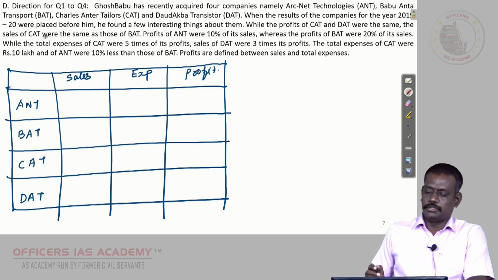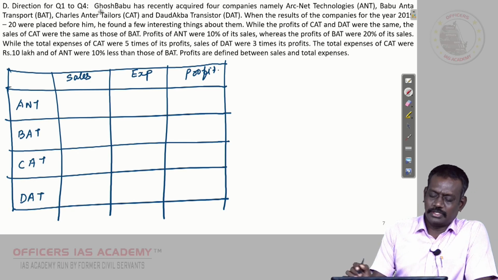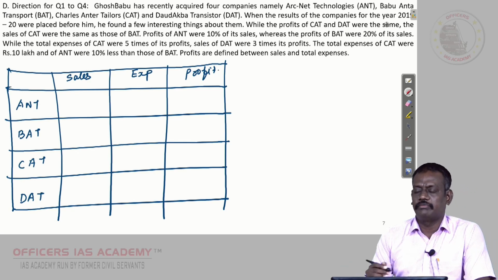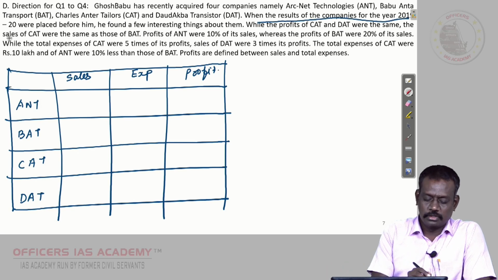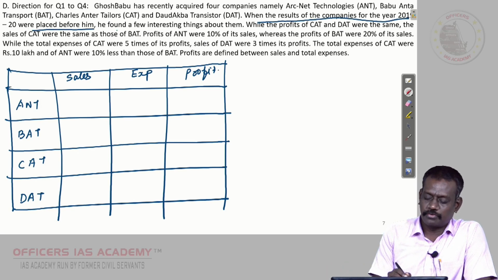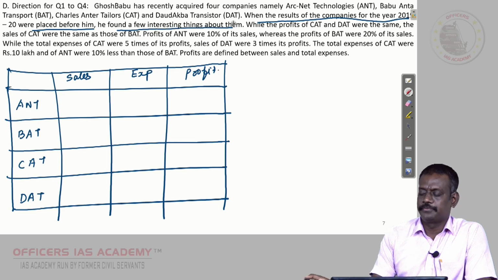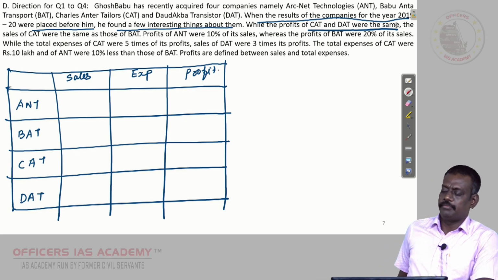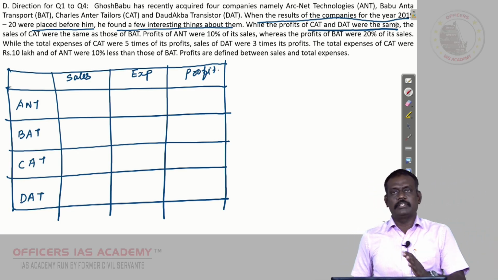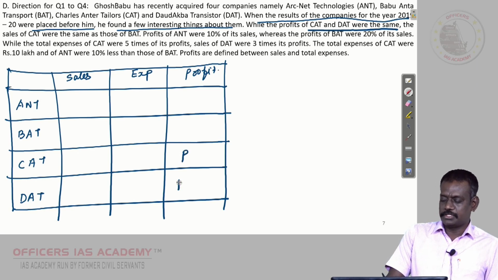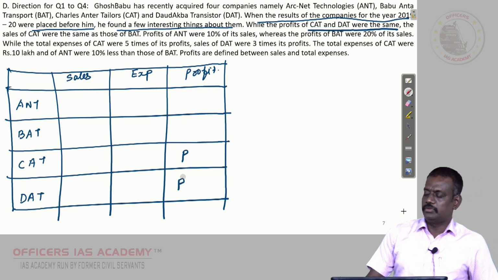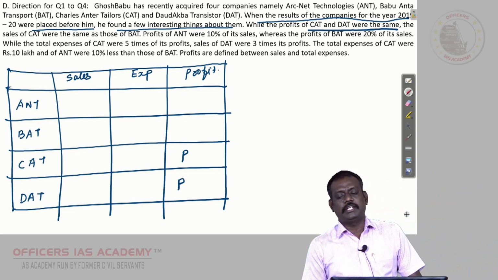So listen. It is given that Ghosh Babu has acquired 4 companies. When the results of the companies for the year 2000 something were placed before him, he found a few interesting things about it. While the profits of Cat and Dat were the same, so we will represent the profit of Cat as P and the same for Dat.